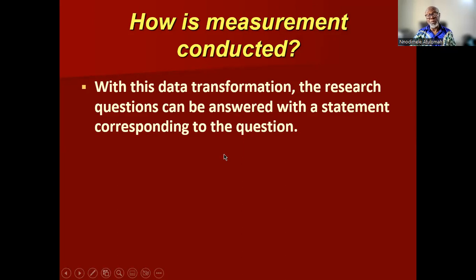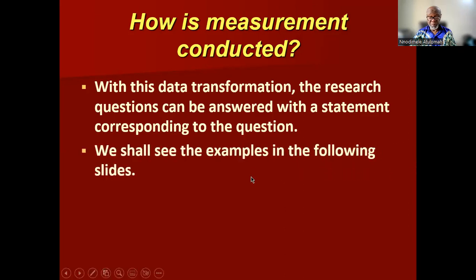Where you're using multiple items, like 10 items for knowledge or 9 items for perception, which item would you use to answer the research question? Except you transform it and synthesize the variable.